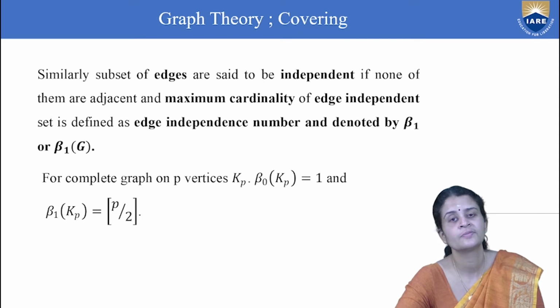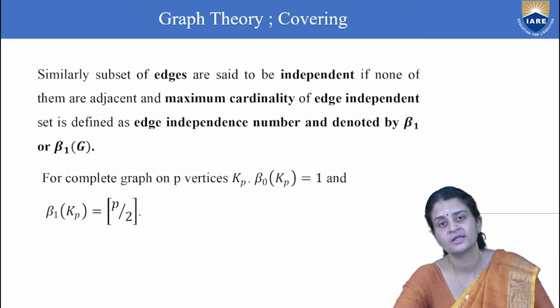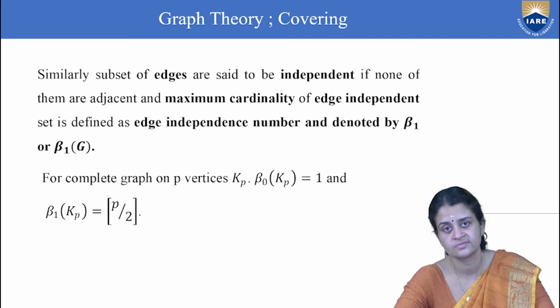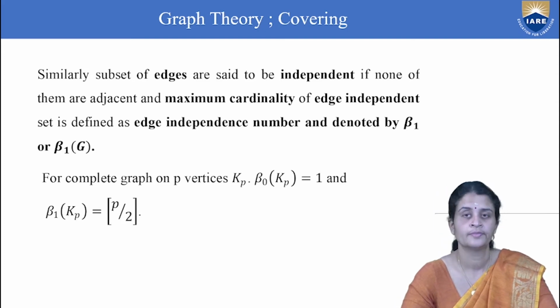Why? Because any vertex we take is adjacent to all other vertices. So beta naught of Kp is 1 only, and beta 1 of Kp is p by 2, the integer modulo p by 2.